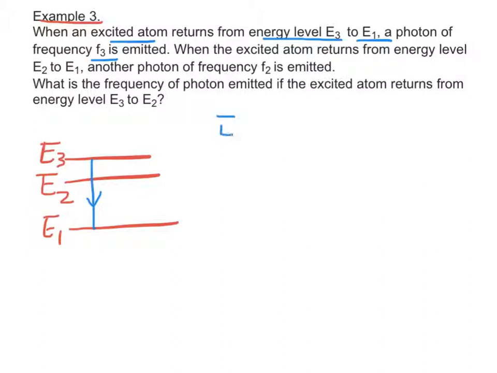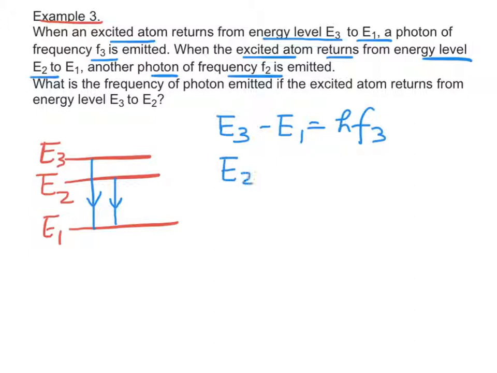Therefore, we have E3 minus E1 equal to hf3. Similarly, when the atom returns from energy level E2 to E1, it emits another photon of frequency f2. Therefore, we have E2 minus E1 equal to hf2.